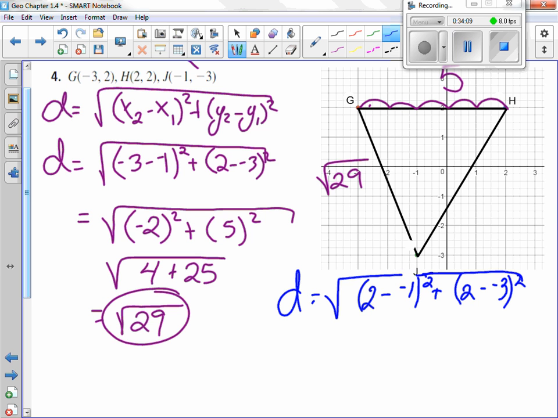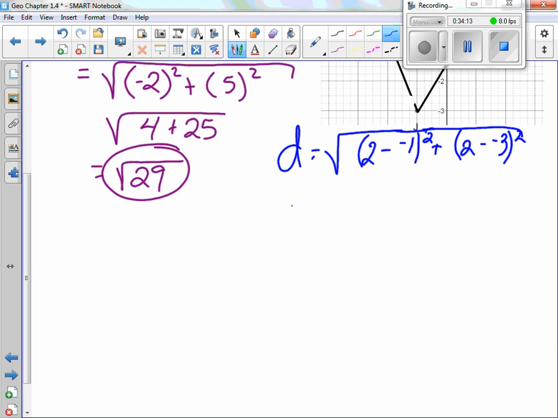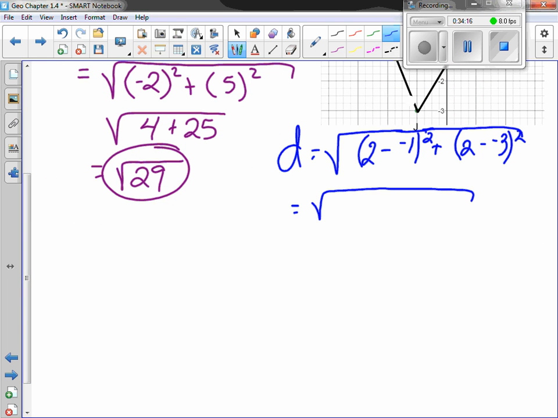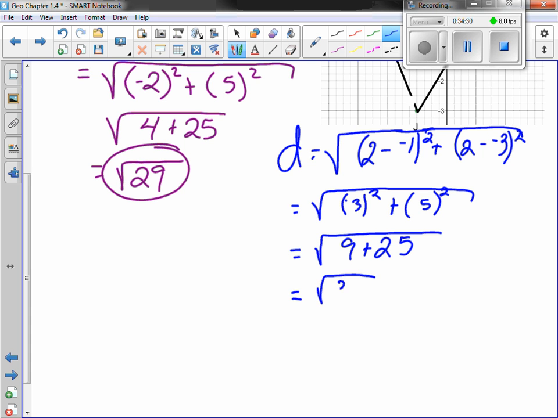And then we can plug this into the calculator. So 9 plus 25, and you should get the square root of 34.